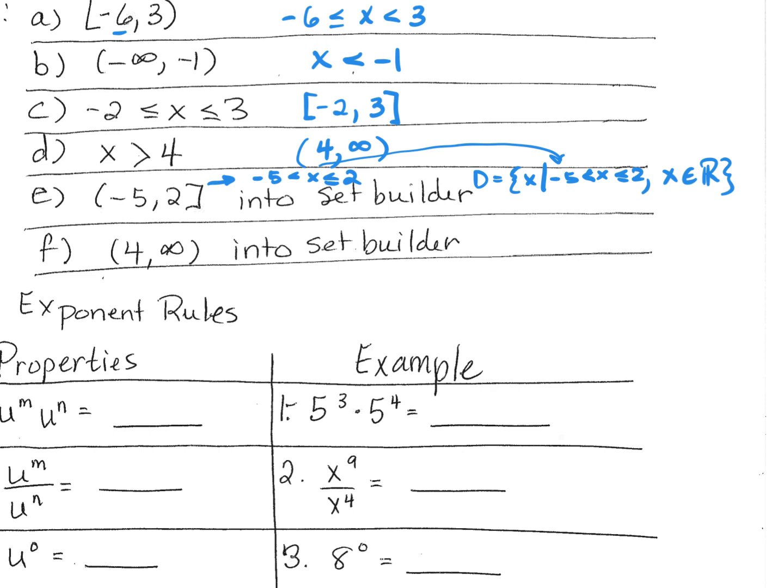So what was the inequality? Yeah. X is greater than 4. Starts at 4, goes to infinity. So now, if you didn't get that, can you put it into set builder notation? Domain x such that x is what?